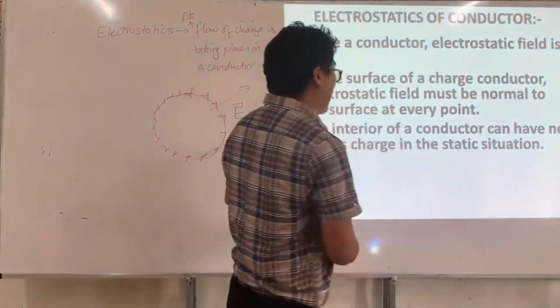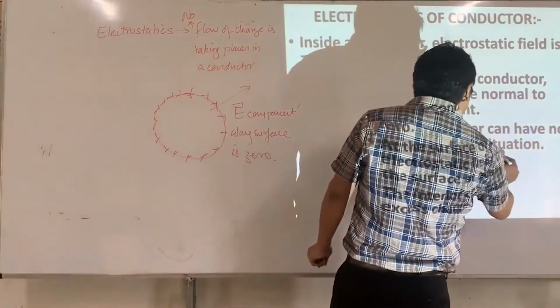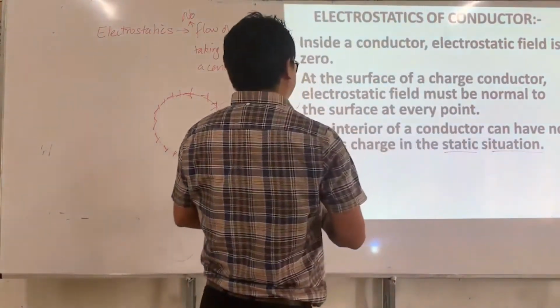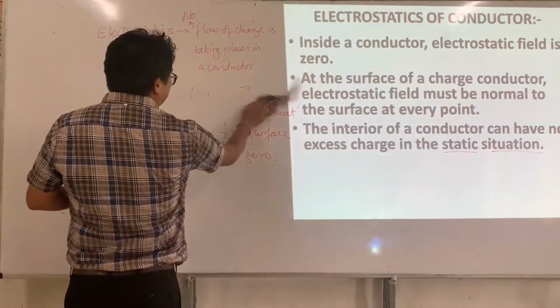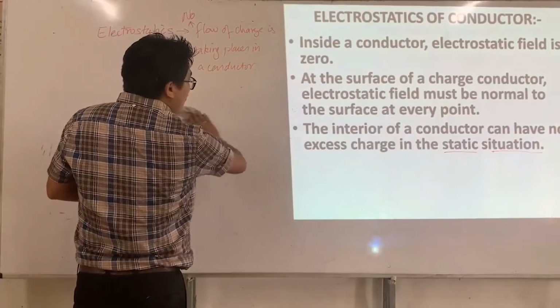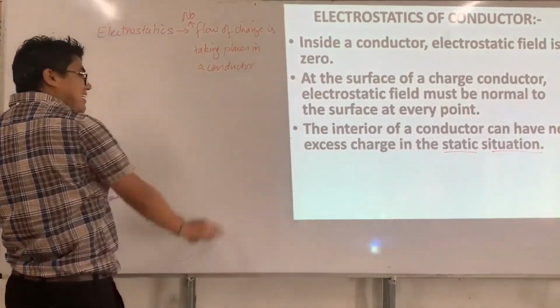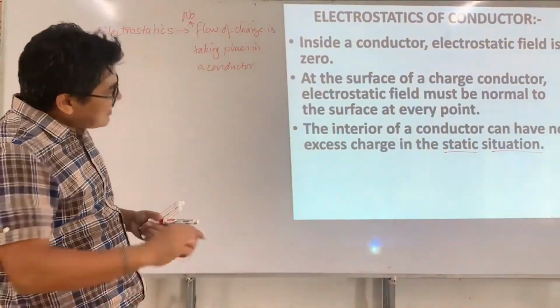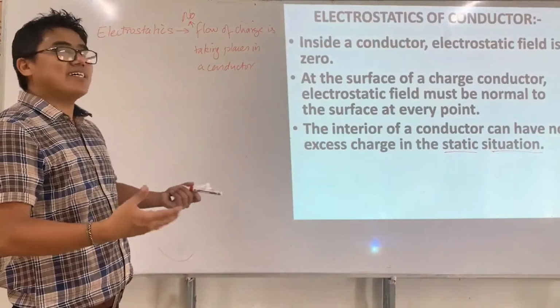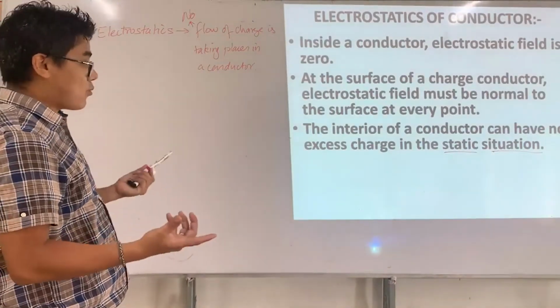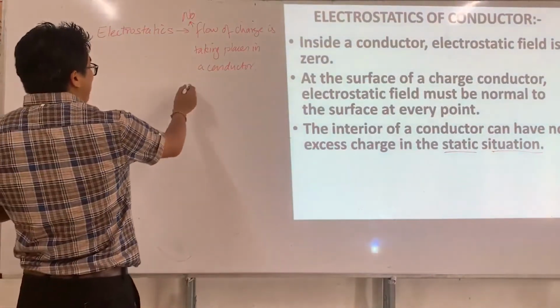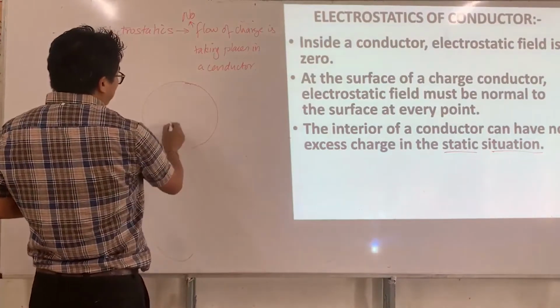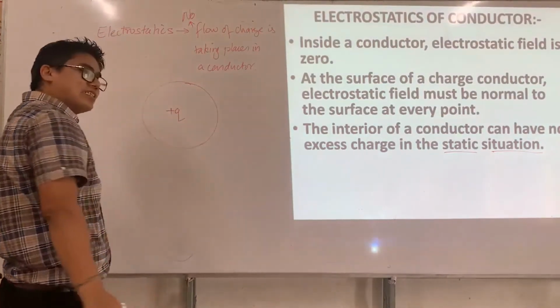That means that they mention, like, in the static situations, there is no possible... You can't create excess charge inside a conductor under static situations. Why? Let's say I have a conductor and I create some positive charge.